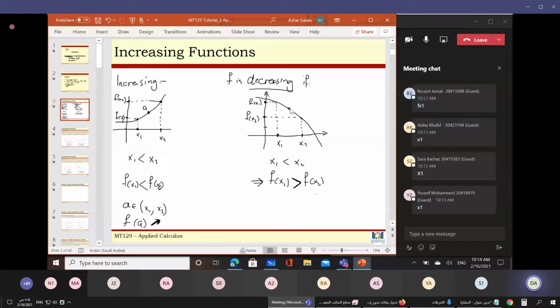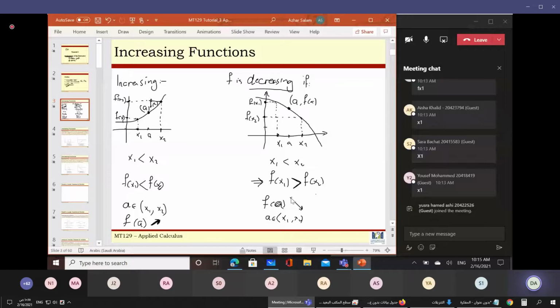Also we said here for any element A, sorry, here A is here actually. So here A and f of A at this point. Also here, this is A and f of A. We said that f is decreasing at the element A, and A is in the interval x1, x2.